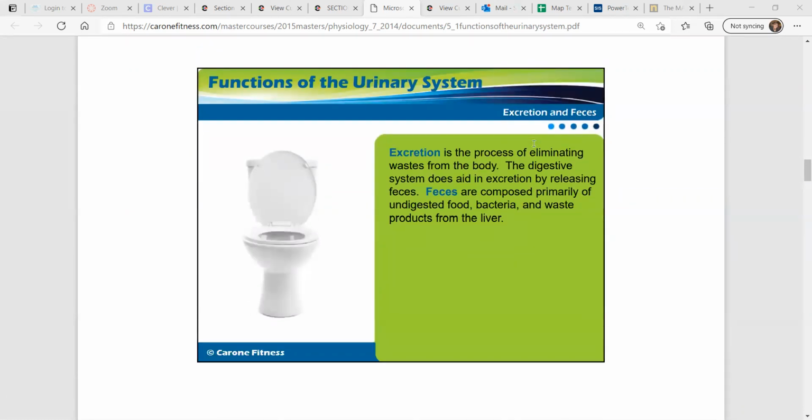Excretion is the process of eliminating waste from the body. The digestive system does aid in excretion by releasing feces, and these feces are composed primarily of undigested food, bacteria, and waste products from your liver.